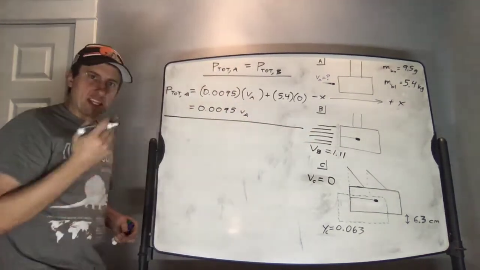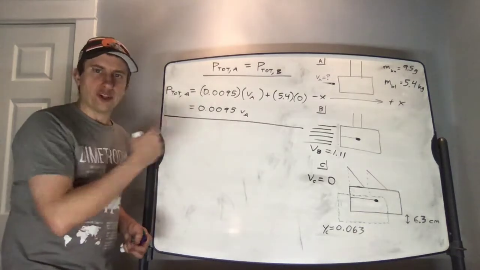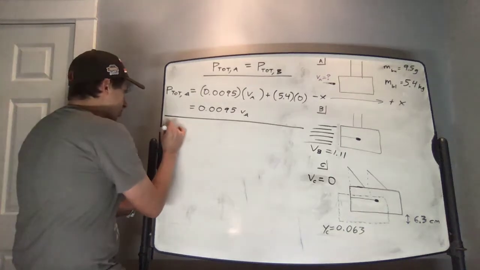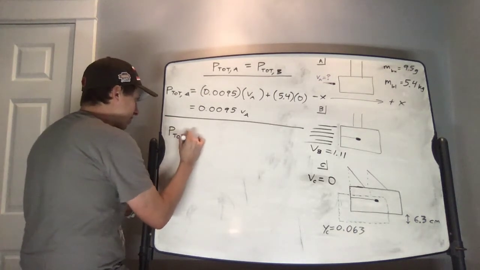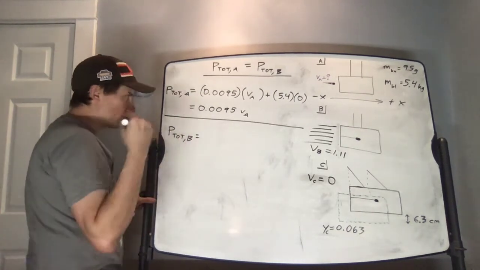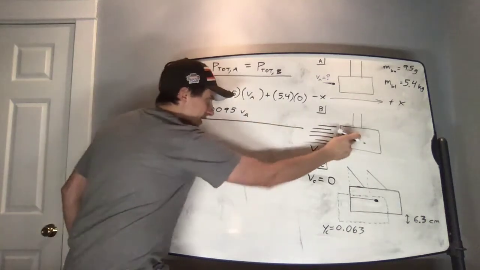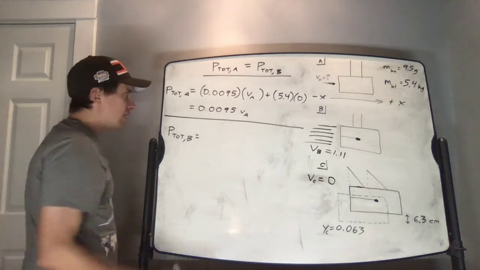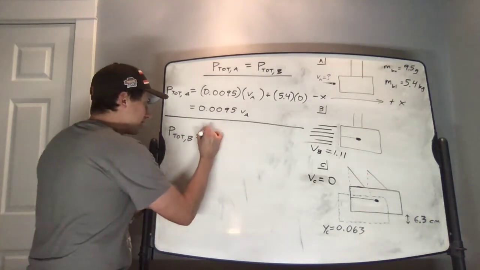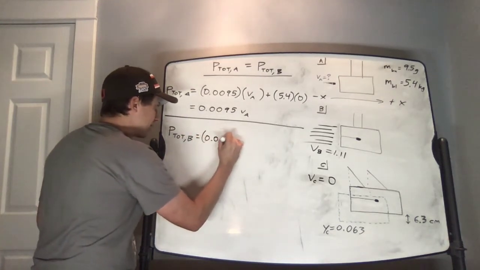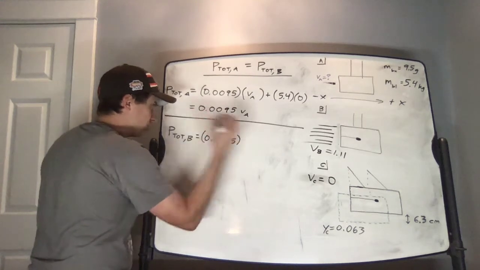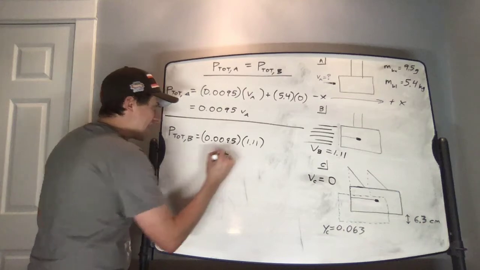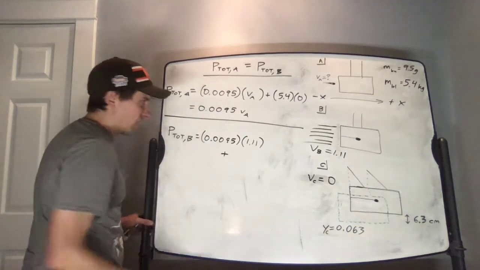Now let's find the total momentum of the bullet and the block at moment B. So I could say the total momentum at moment B is equal to the momentum of the bullet at moment B plus the momentum of the block at moment B. So the momentum of the bullet would be the bullet's mass in kilograms times the bullet's velocity, plus the mass of the block times the block's velocity.